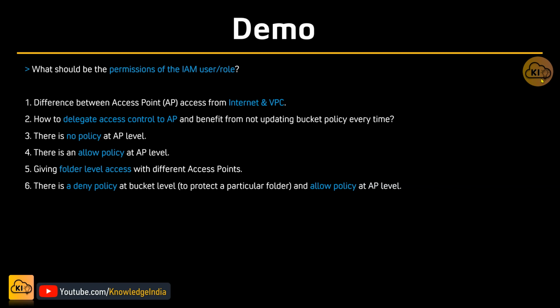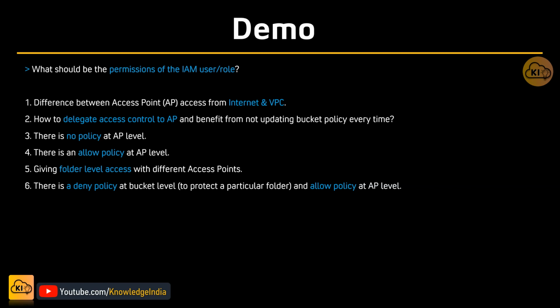And you saw that we have already specified a bucket policy because of which this bucket is trusting all the access points, or has delegated the control to access points.